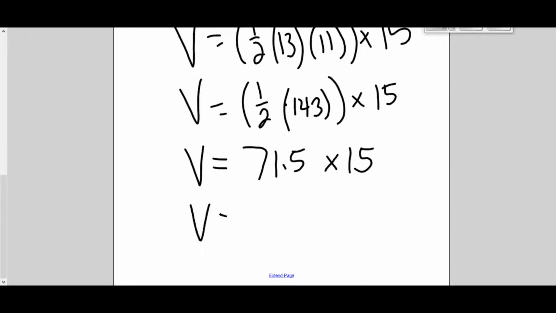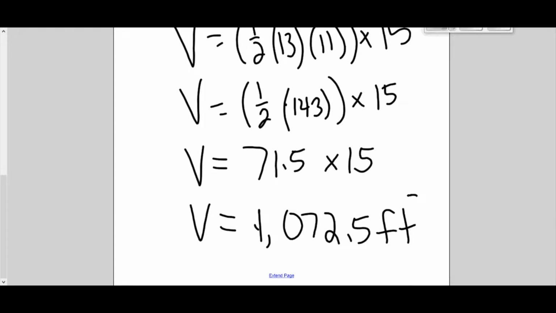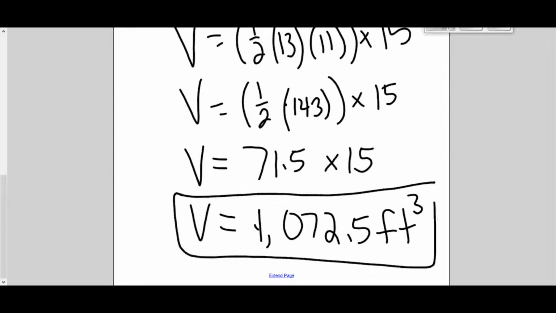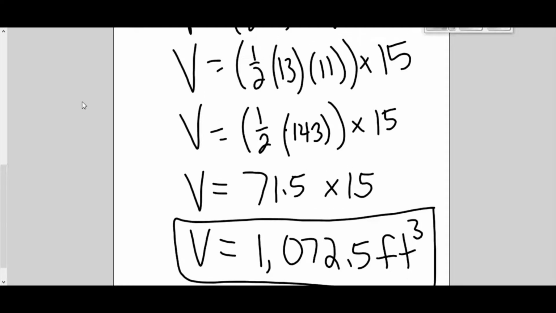And when you do that in your calculator, you get 1,072.5. And this was measured in cubic feet, so feet cubed. So this is your answer. It's 1,072.5 feet cubed. So if you need a second to finish this one, please go ahead and pause the video and finish this one up.